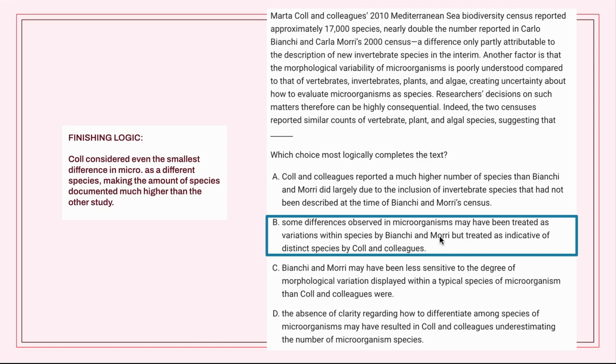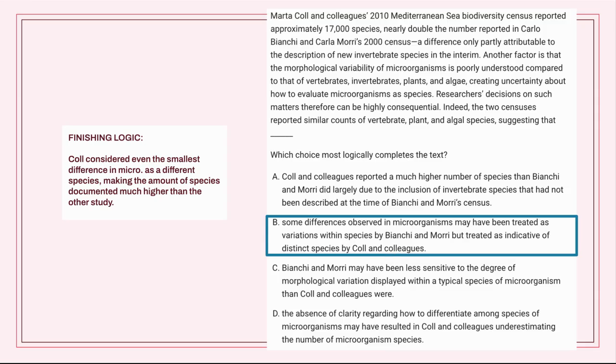Basically, all this is saying is that Bianchi and Mori treated small differences as variations within the same species, but Cole treated little differences as a sign of a new distinct species, which makes their number a lot higher.